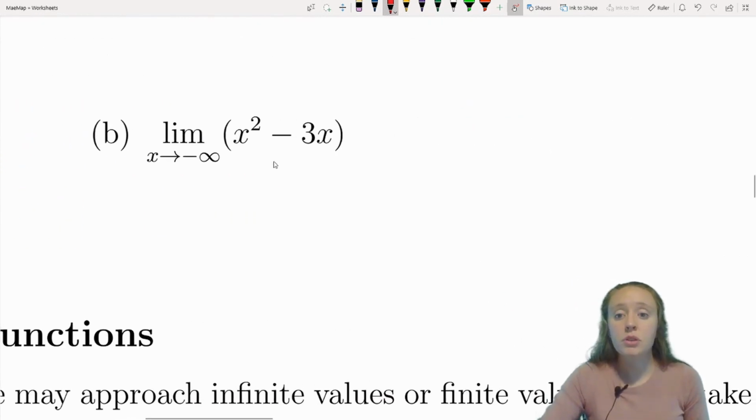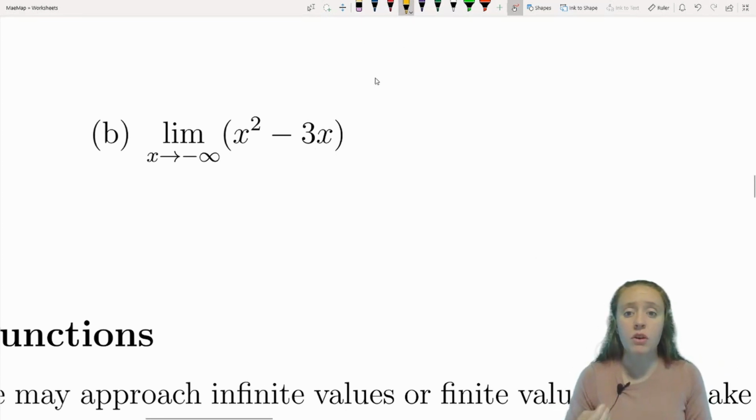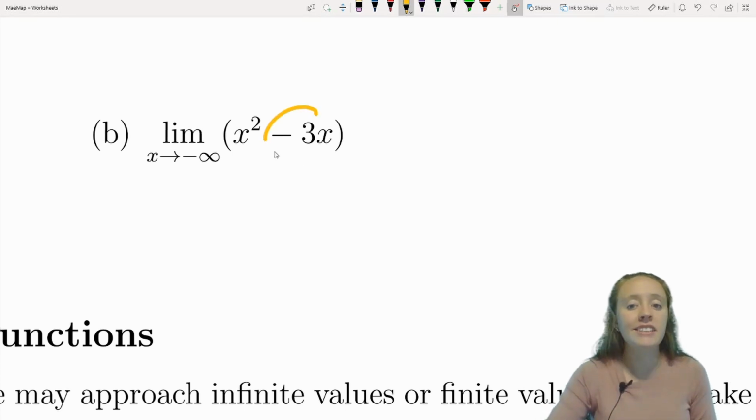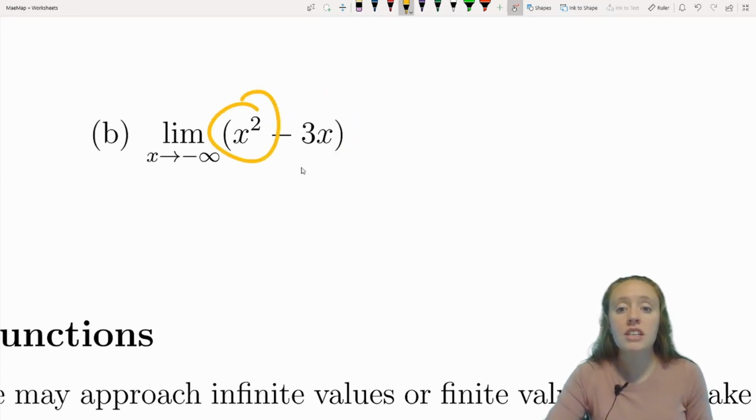In example 2, x squared minus 3x is our function. We're taking the limit of that as x approaches a negative infinity. So again, what's dictating the growth of our polynomial? It's not this negative 3x. It's what has the highest degree, which in this case is x squared, or 1x squared, because 1 is that coefficient out in front.